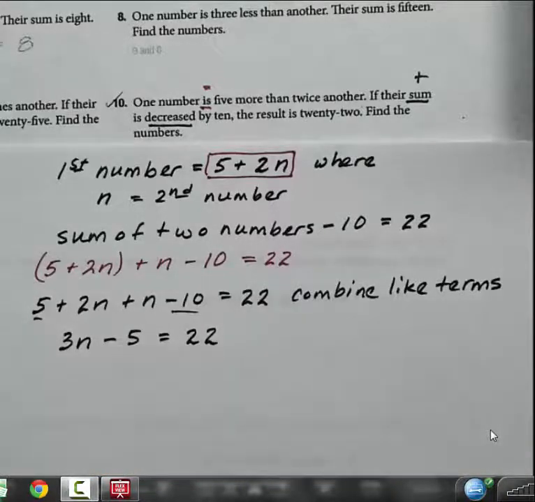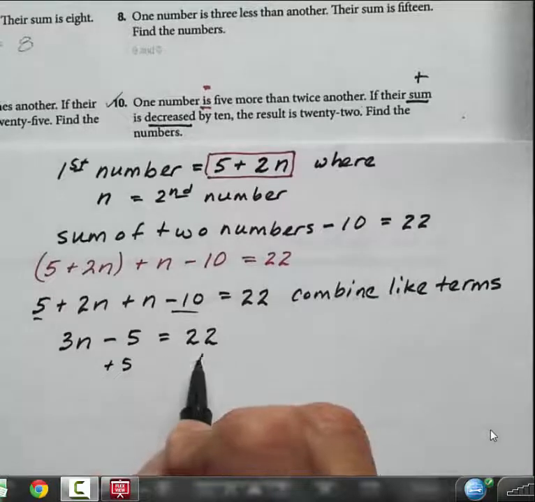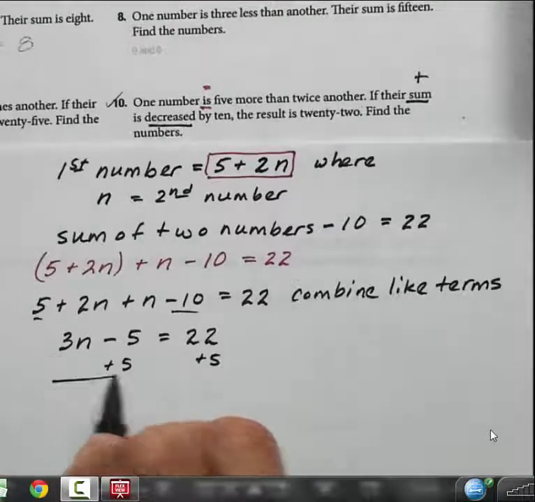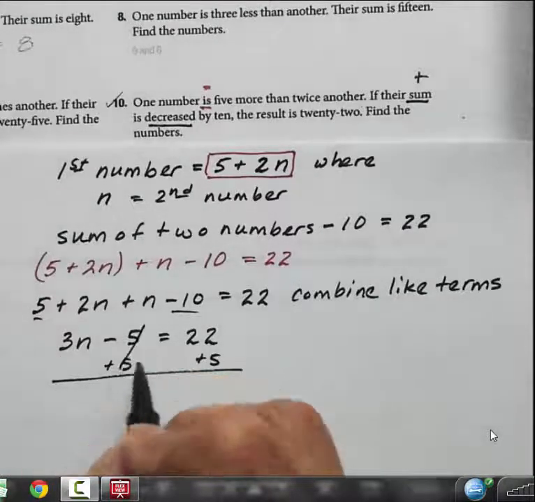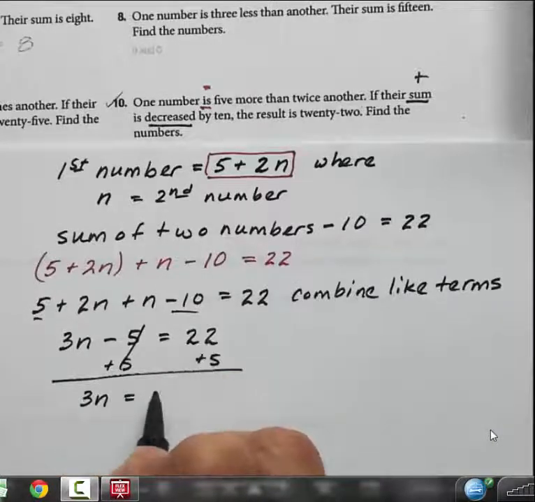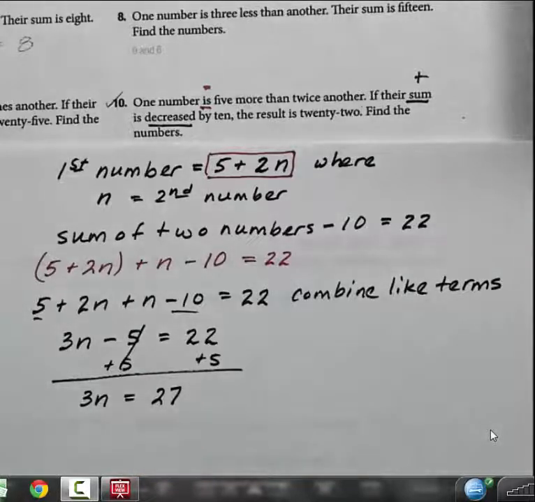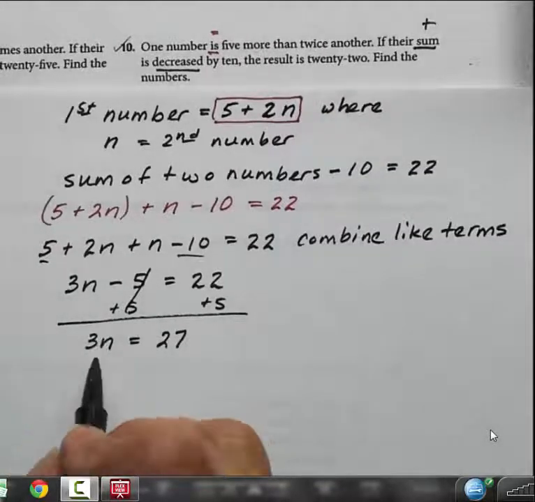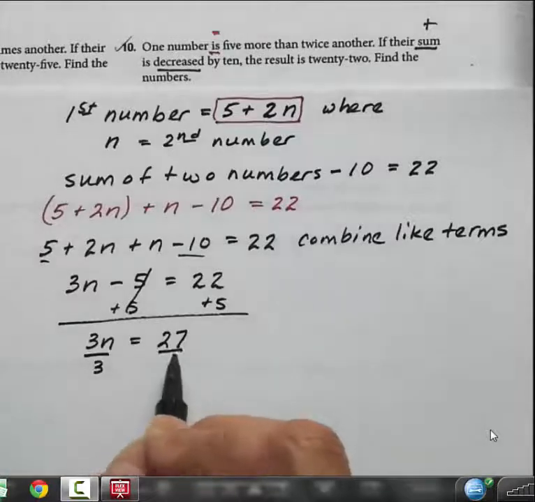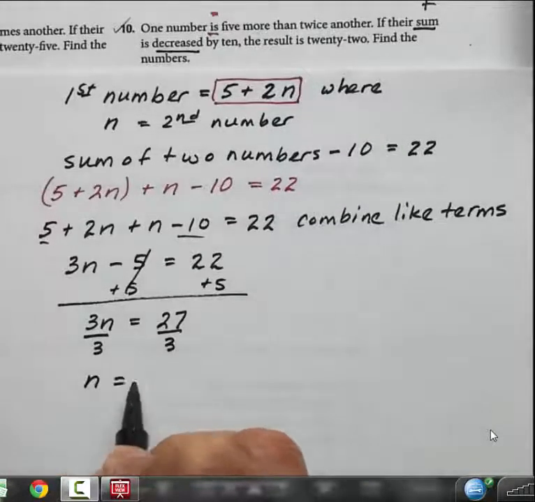Then to solve the problem the rest of the way, I'm going to add 5 to both sides, trying to get this 3n by itself. These 5's cancel out, and I'm left over with 3n equals 27. And then to get the n by itself, I'm going to divide by 3. And I end up with n is equal to 9.